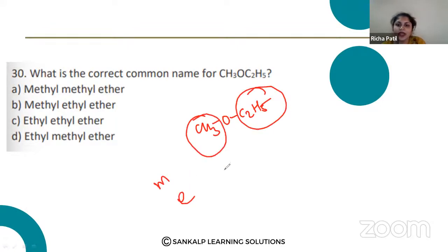This is an ethyl group. Yes, it is ethyl methyl ether. So it is D. D is the correct answer, ethyl methyl ether.